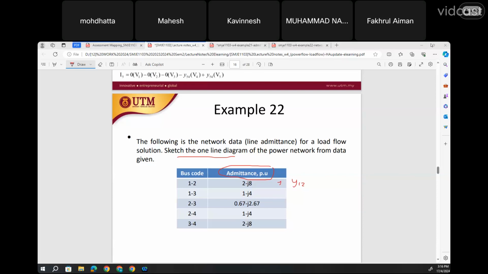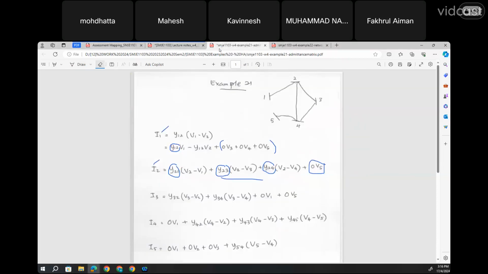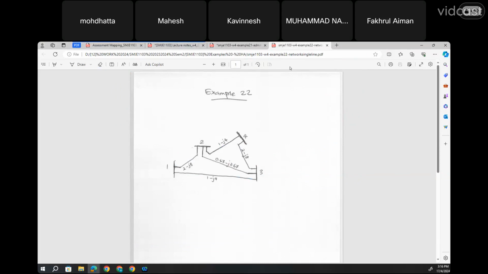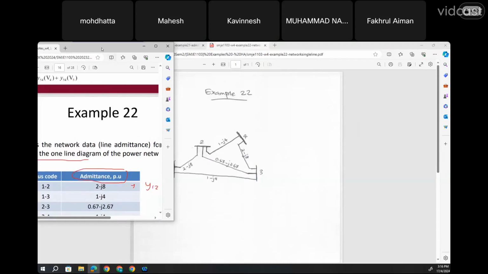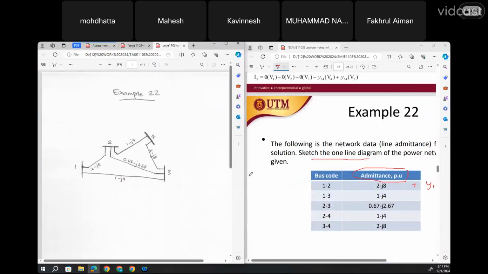The answer would be here. We have bus 1, 2 with negative 2 minus j8.